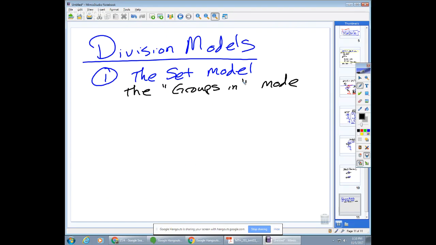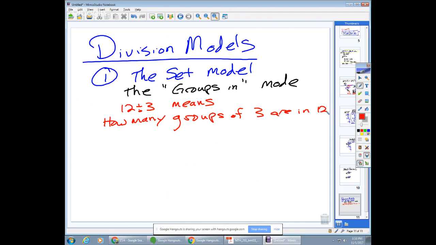So example of that, 12 divided by 3 means how many groups of 3 are in 12. And that was like my enchilada lunchbox example.